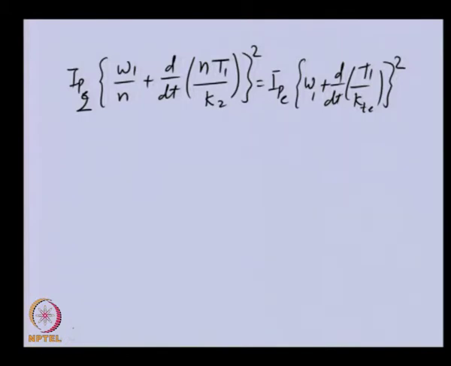Now you can see, once we take 1 by n common, we will get Ip 2.